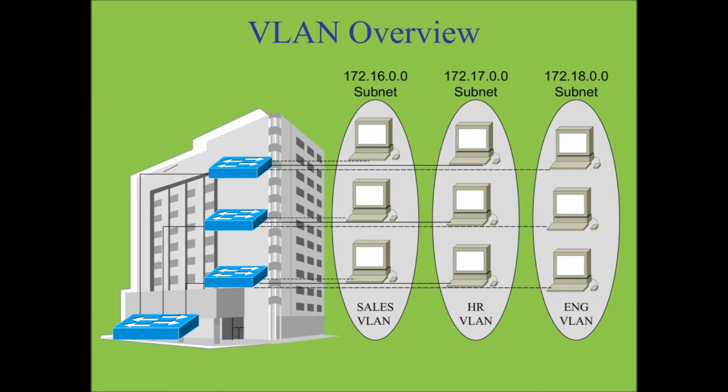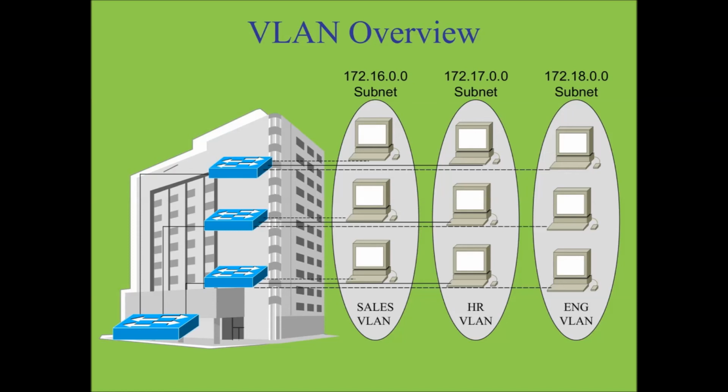If you hide the right side of this diagram, you can see just a single local area network in different stories or floors of that building. But on the right side, this is the logical division of that physical local area network.